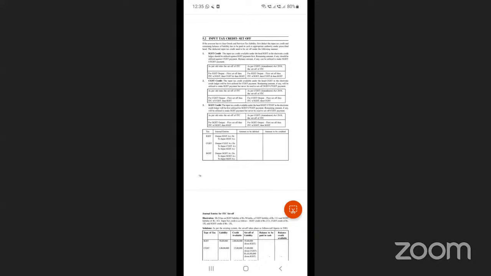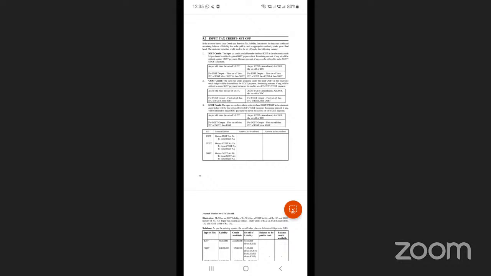Now, input tax credit available under the head IGST, which is being stated in your electronic credit ledger, should be utilized against the IGST payment first, and the remaining amount, if any, should be utilized against CGST payment.